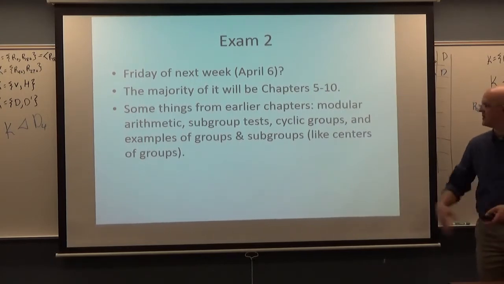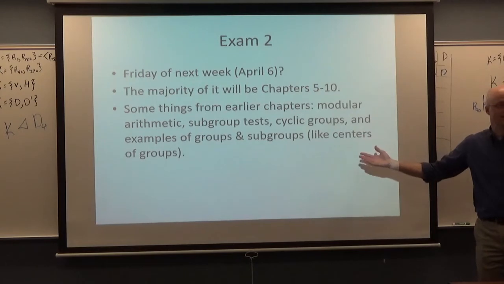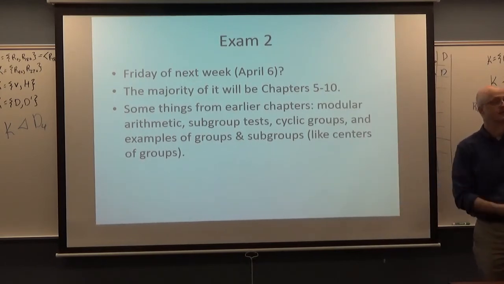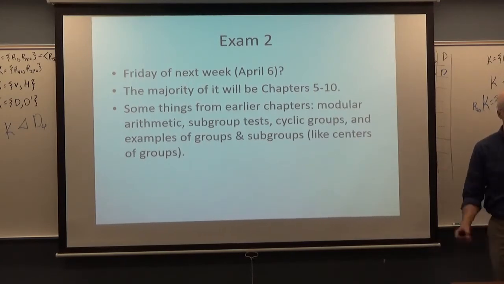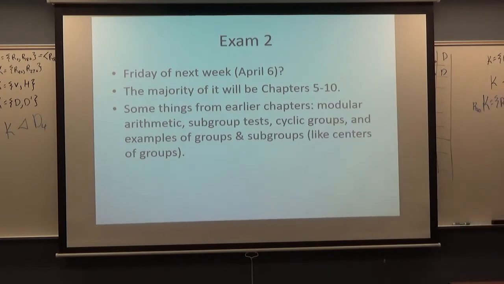So maybe knowing these means you wouldn't necessarily have to state a definition related to them or a theorem statement, but you might need to use it for some proof whose main content is chapters 5 through 10. Okay. If there's any pure cyclic group problem, for example, which I'm not ruling out, I'd probably tell you after I write the exam. Okay, so that's the plan.